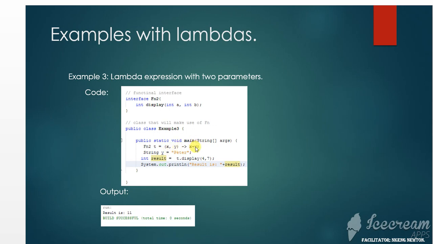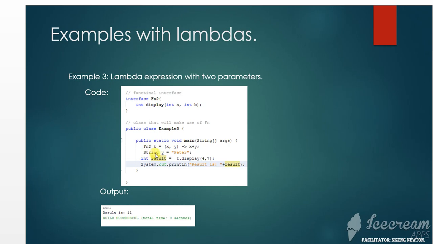You see that we don't need to bother about the type of x and the type of y. We can as well say that x is of type int and y is of type int by putting int x, int y. That is still fine. But with Java and Lambda expressions, Java will know how to figure out the type of x and the type of y based on the types of a and b here.